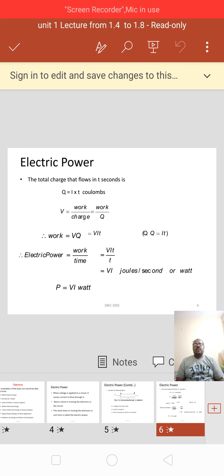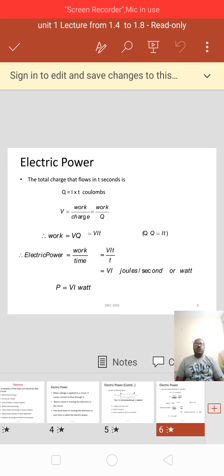We know that voltage equals the ratio of work done to the charge, that is W by Q. Once again I am repeating, voltage equals the ratio of work done in a circuit with respect to charge, that is W by Q. Therefore, work equals V into Q, that is voltage into charge.